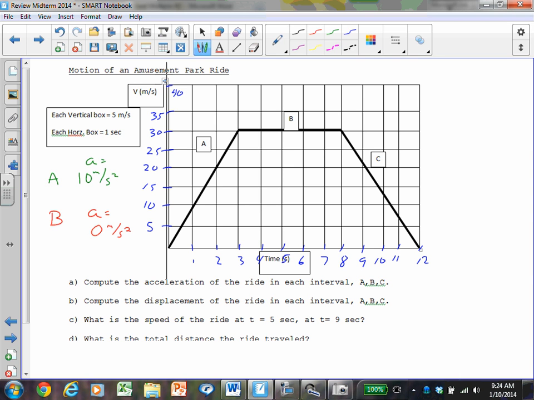For C, A is a change of 30 over 1, 2, 3, 4. 30 divided by 4 is 7.5, and it's negative.